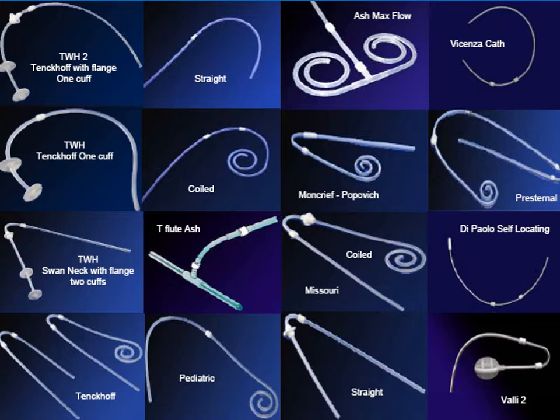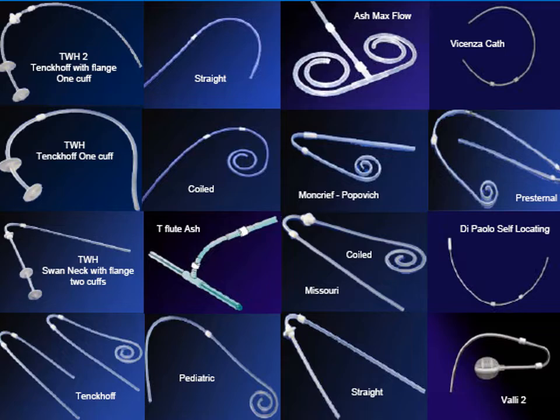As we can see here, we have the Toronto Western catheter with double discs, the swan neck catheter with 2 discs and 2 cuffs, T-fluted catheter, T-max catheter, straight catheter, Popovich-Moncurier catheter with elongated deep cuff, and coil catheter Missouri.